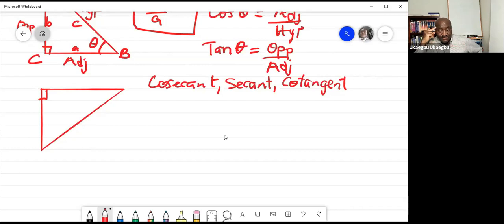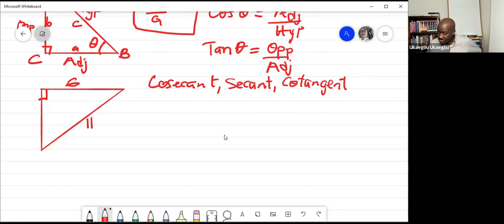That's where you need the sine law and the cosine law. So now let's give our triangle some sides. Let me assume that this side is 11, and this side is 6.